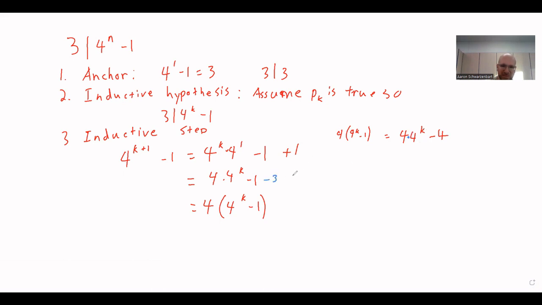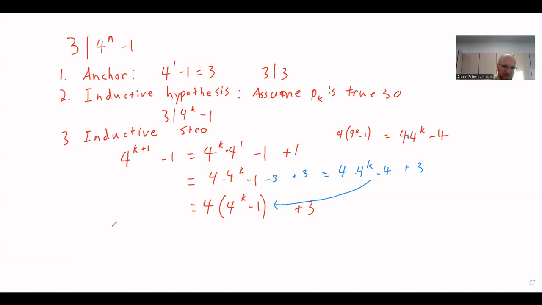So if I do minus another 3 plus 3, this line here is 4 times 4^k minus 4 plus 3. That translates into that. And then I have a plus 3 here.